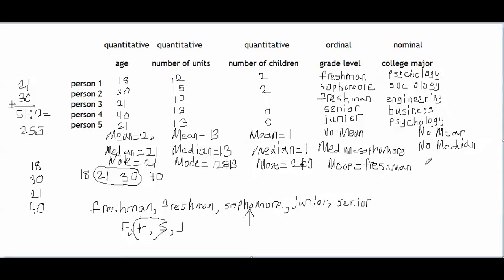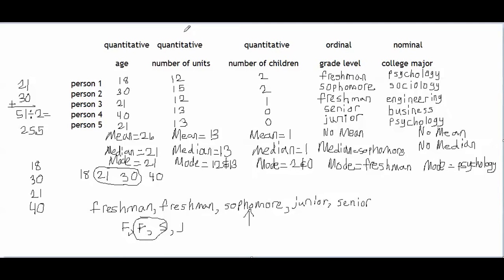So the mode is psychology. We were able to find the mode of all 5 columns of data. You can find a mode with any type of data.